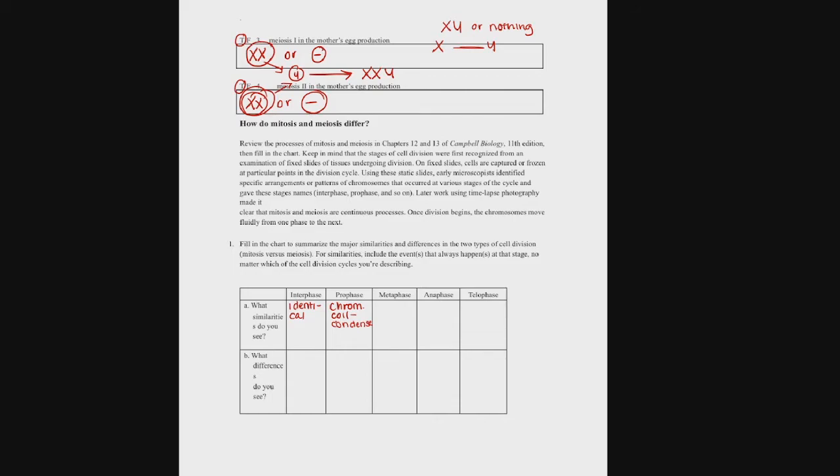The spindle forms and the membrane breaks down. The similarities in metaphase are that the chromosomes line up on the equator of the plate, the metaphase plate.